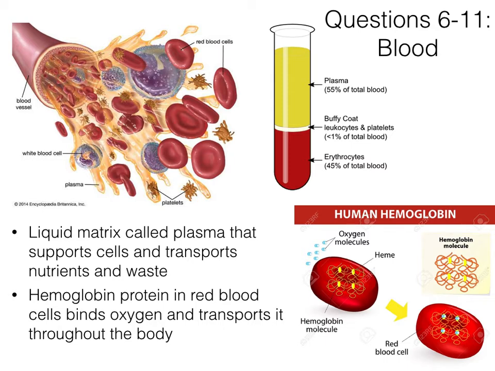The only other really important cell in here that we need to talk about is the red blood cells. Red blood cells carry a protein called hemoglobin. Oxygen binds to hemoglobin in your lungs, and then those red blood cells move all throughout your body and drop that oxygen off to cells that need it in order to burn your food for energy.